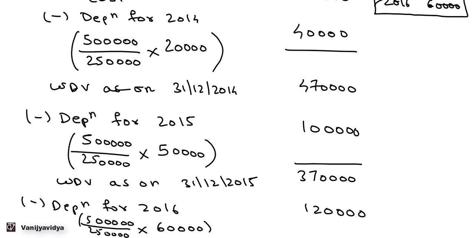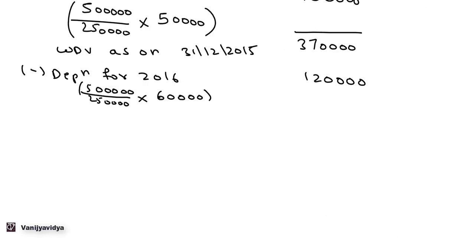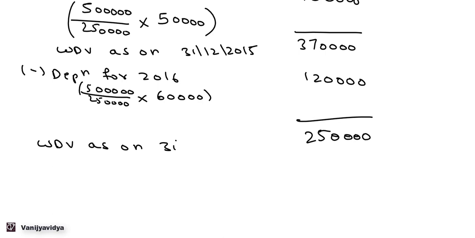That is WDV as on 31st December 2016. So this was about how we calculated depreciation as per the units of production method.